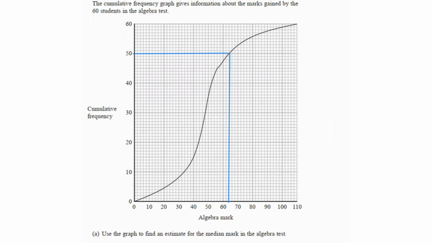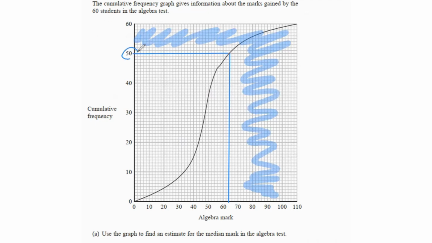So these are the number of students who get an A because this is more than 64. So what we do is we subtract 50 from 60. So 60 minus 50, which gives us 10. So 10 students are getting an A.